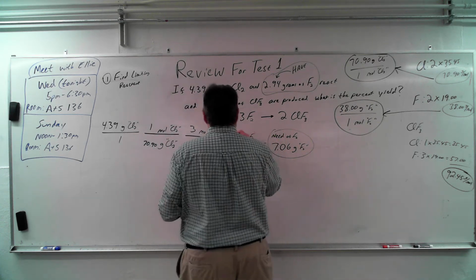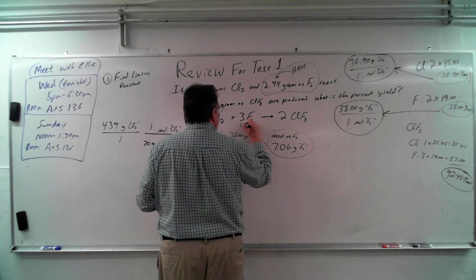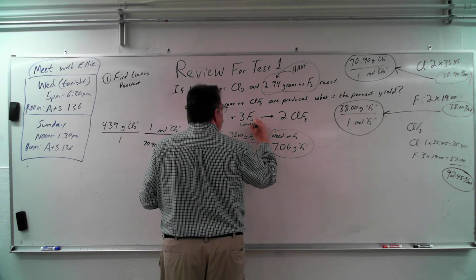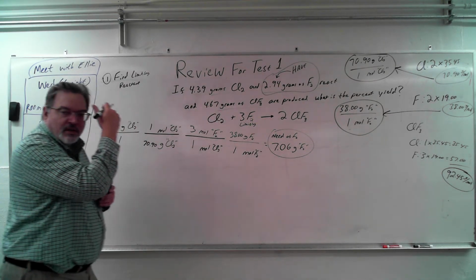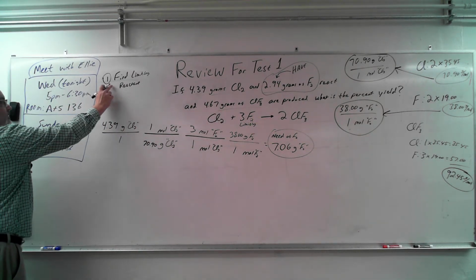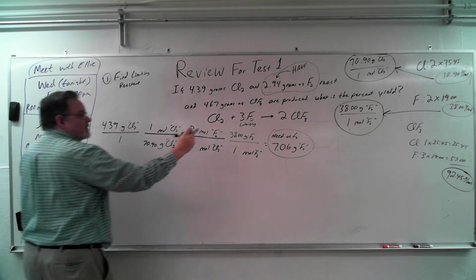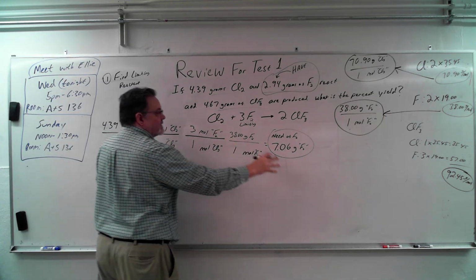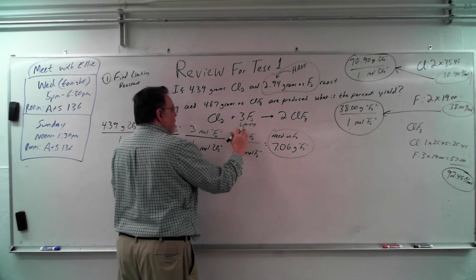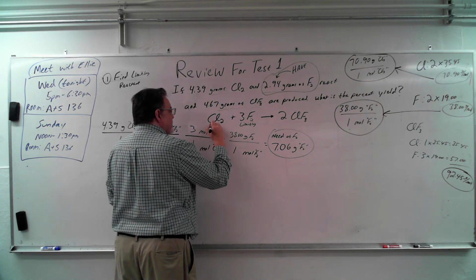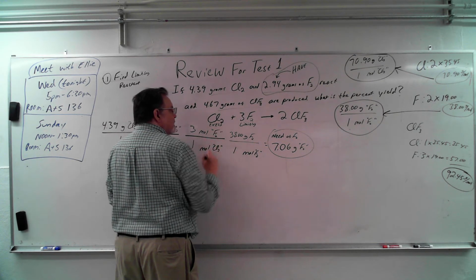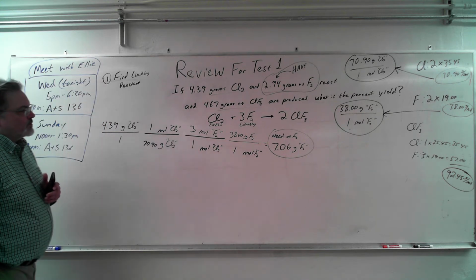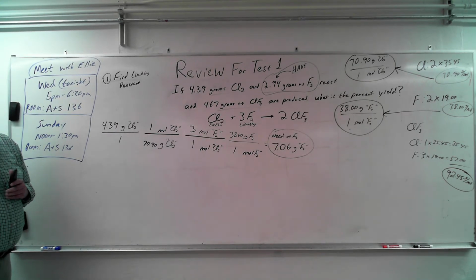F2 is the limiting reactant, and that's what we needed to know. If we had chosen F2, we would have gone through all this and we still would have found out that this is limiting and this is excess. So it didn't matter which one we started with, we would have figured it out.